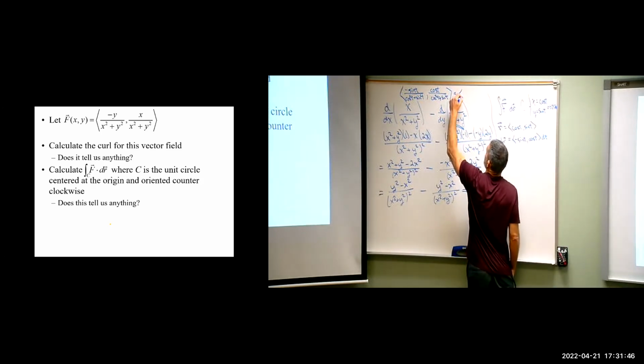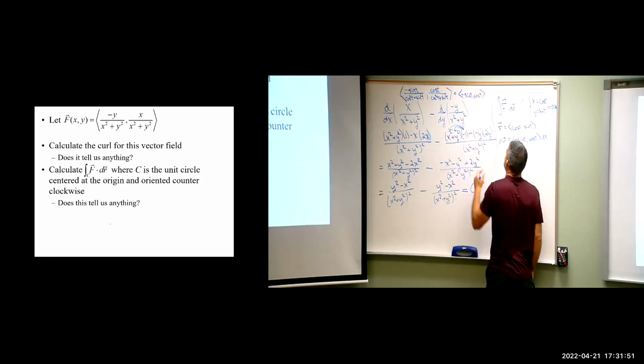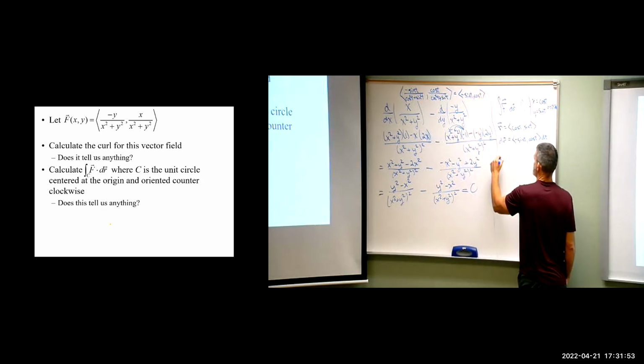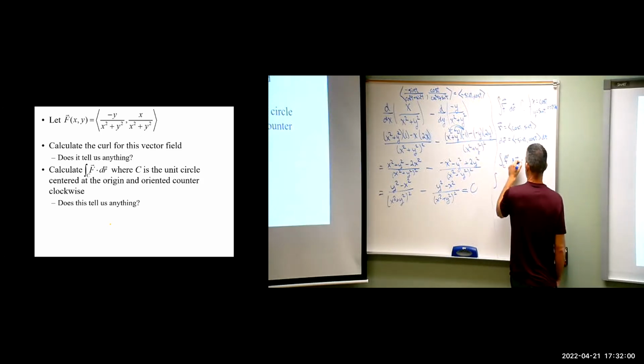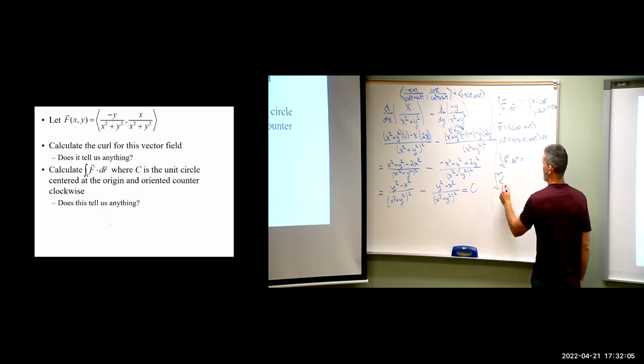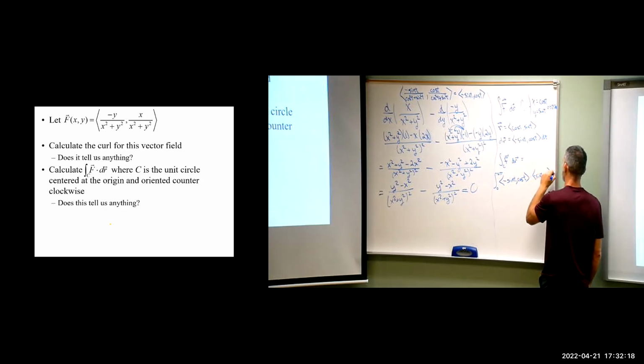So we end up with just negative sine t cosine t. All right, so putting this into our ∫F·dr over C, we know we're going from 0 to 2 pi. And we have negative sine t, cosine t dotted with negative sine t, cosine t, dt.